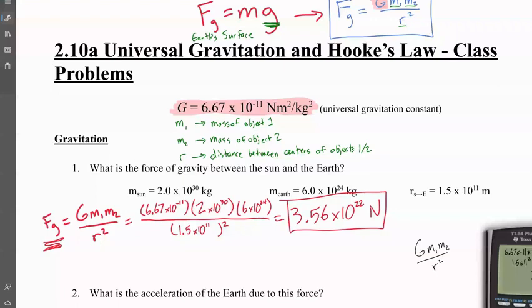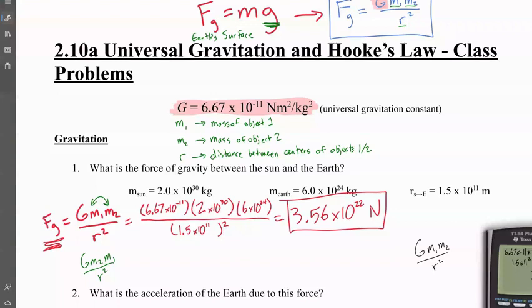This force of gravity, if I switched these two masses, if I instead looked at the force of gravity that the Earth had on the sun, it would be the same number, because multiplication, we could do m1 times m2, which would be the exact same thing as m2 times m1. So this is a great way for us to see Newton's third law in action. So we can actively see that Newton's third law is applying here.